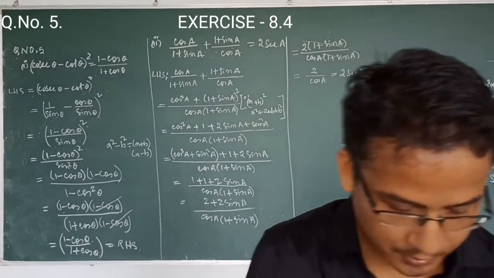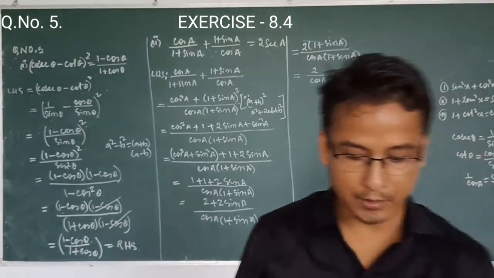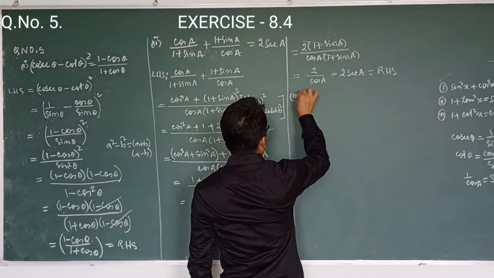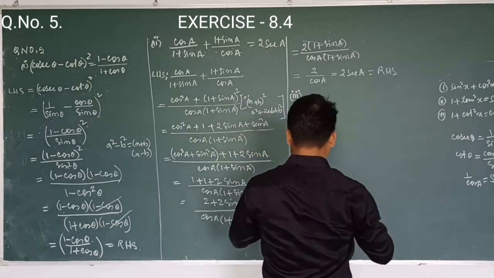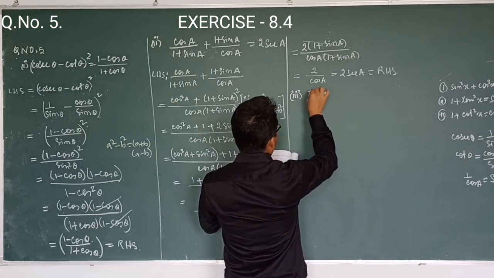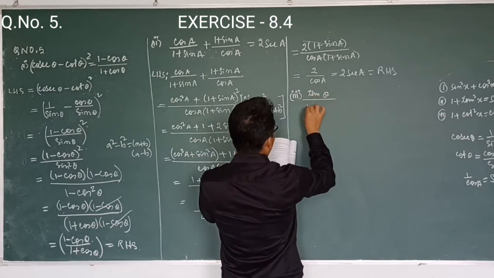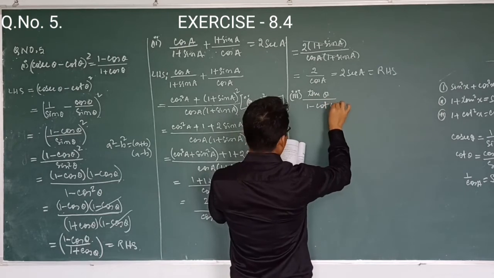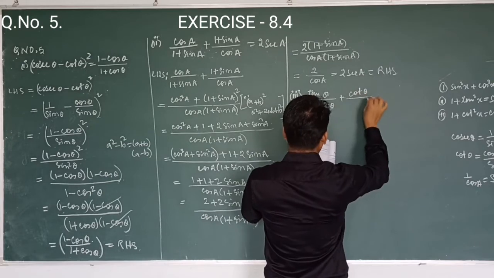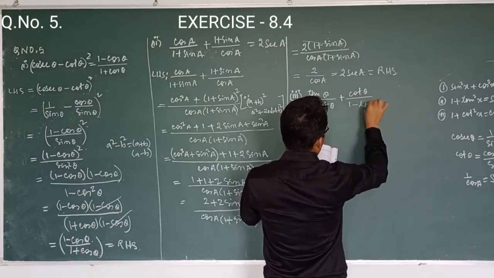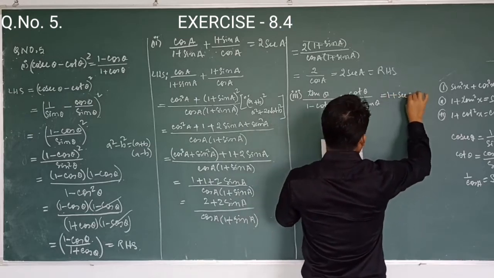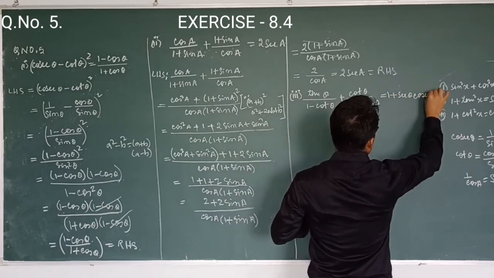So next, question number 3, Roman number 3. Roman number 3 is tan theta divided by 1 minus cot theta, plus cot theta divided by 1 minus tan theta, equal to 1 plus sec theta cosec theta.